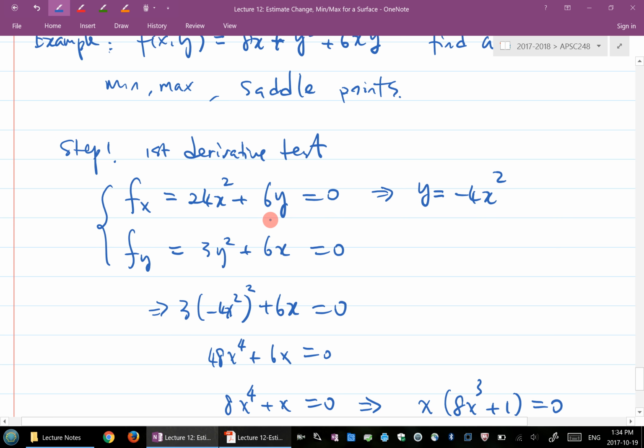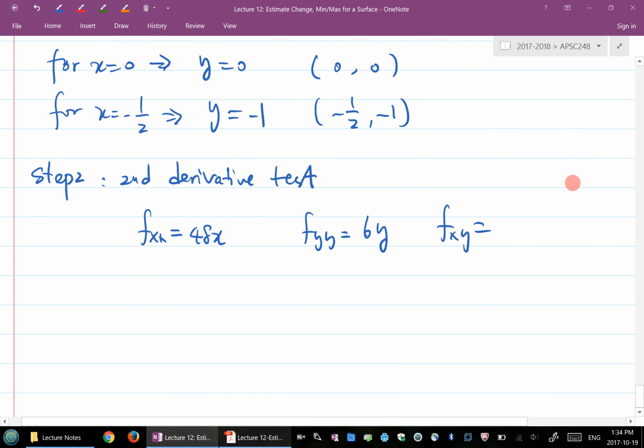So let's say fxy. You take the partial derivative of the first term with respect to y. This is gone. The second one leaves us a 6. So fxy should be 6. Okay, so finally you get all of these three terms here.